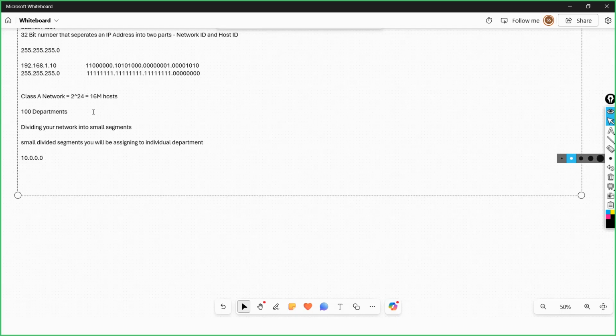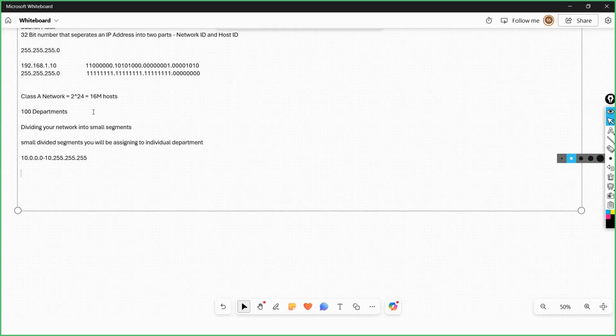So it is something like, let's say for example, you're using this network range 10.0.0.0 to 10.255.255.255 in your organization. So instead of using this complete range, you will say that I will be using 10.0.1.0 to 10.0.1.255.